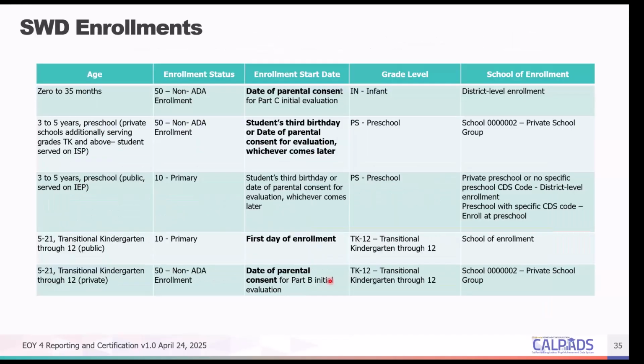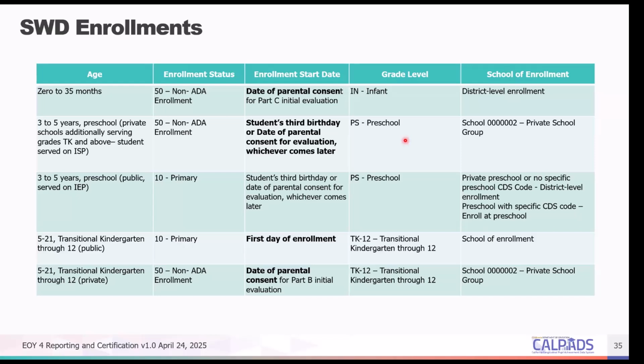Okay. So for students with enrollments, these are the scenarios, and this is in the CALPADS FAQ that Nate introduced earlier. So you have here students who are infants. They are expected to be a 50 enrollment and reported at the district level, right? And then the start date would be the date of parental consent for initial evaluation. You also have students who are preschool.